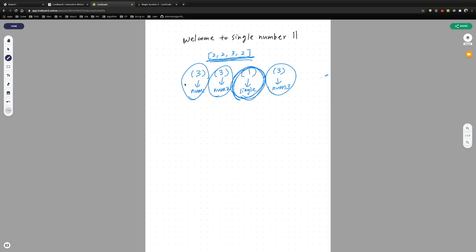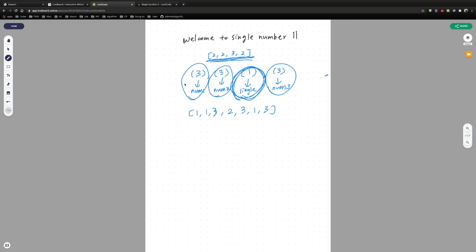We can sort first. I will assume another, more complex array. For example, 1 1 3 2 3 1 3.